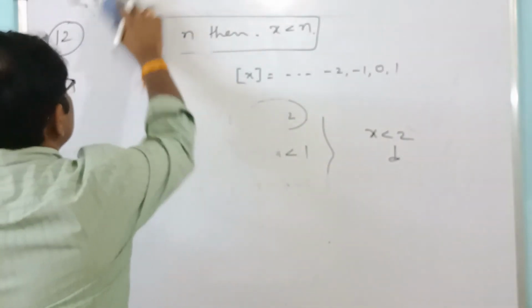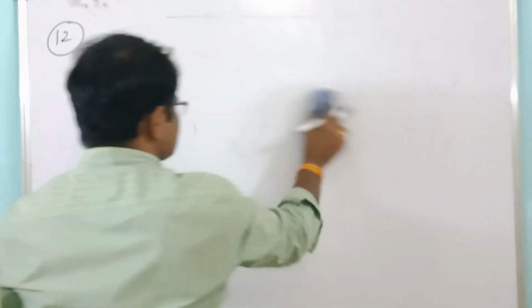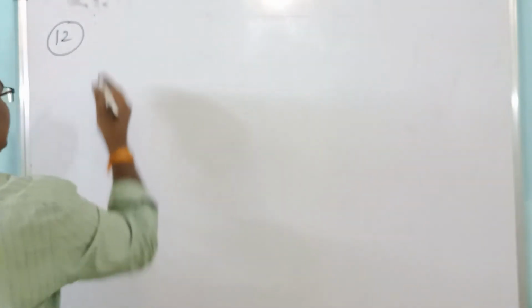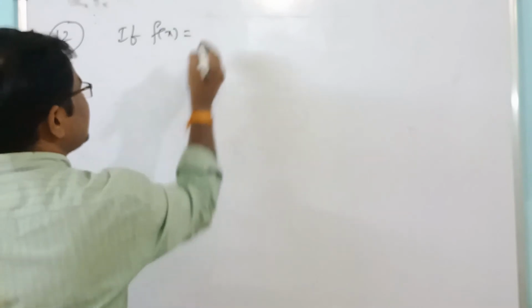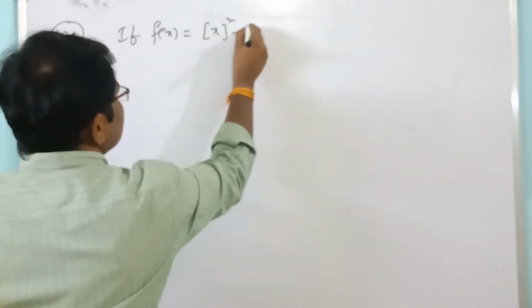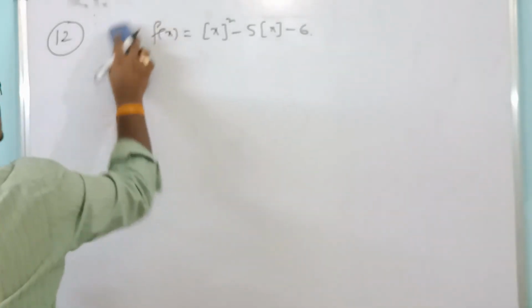So how do we apply these conditions on problems? Take 1 or 2 examples. This is the first one. Suppose f(x) equals the given [x]^2 - 5[x] + 6.